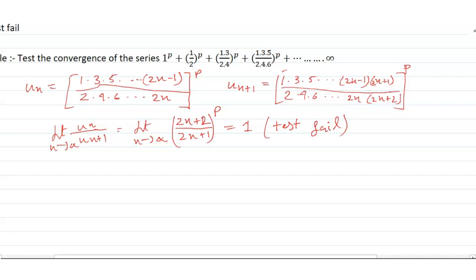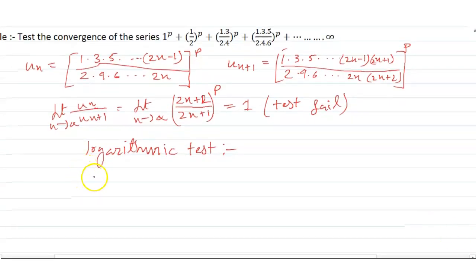Next friends, I have to use the logarithmic test. How can I solve it? It is very easy.